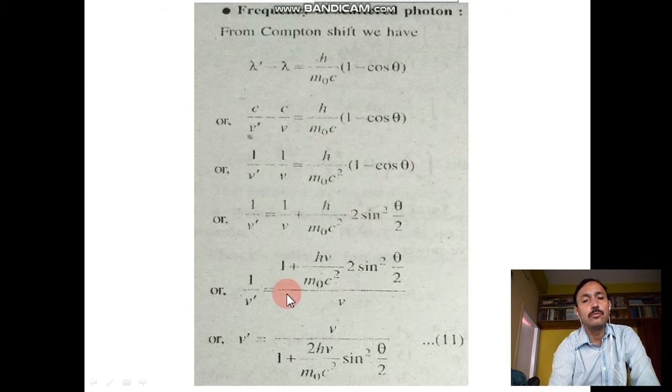So nu dash is equal to nu by (1 plus 2h nu by m0c square sin square theta by 2). By knowing the frequency of incident radiation and the angle of the scattered radiation, we can easily find the frequency of the scattered photon.